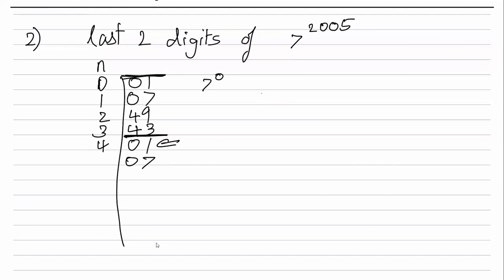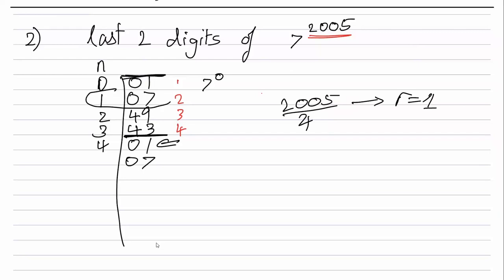So we find that our periodicity is 4, and 2005 upon 4, remainder is equal to 1. Now you can go and check where n equal to 1 arrives.